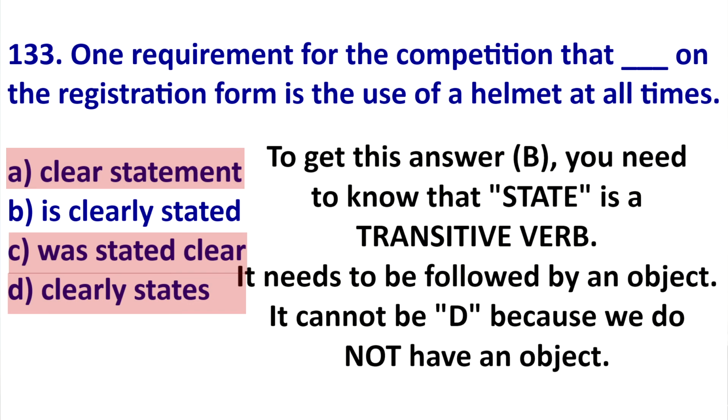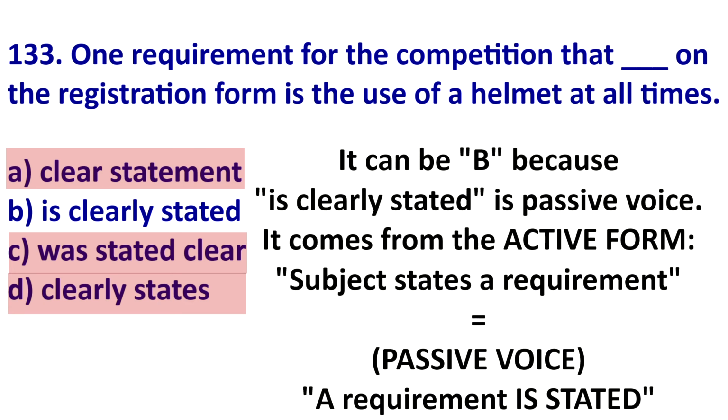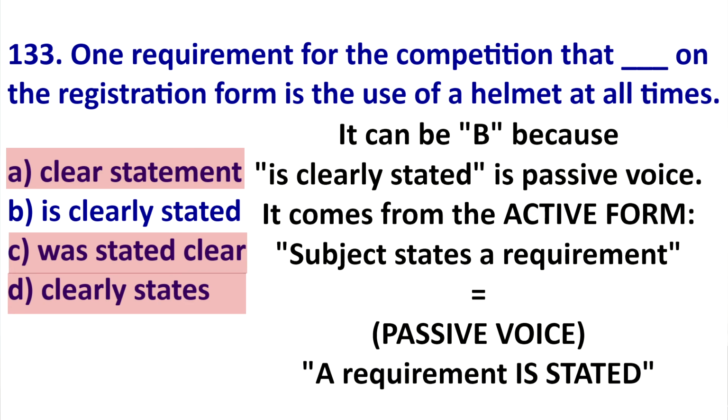It cannot be D because we do not have an object in this relative clause. But it can be B because this is passive voice, so we're saying someone stated the requirement on the registration form. The requirement is clearly stated on the registration form. So the best answer is B, and it's because state needs an object.